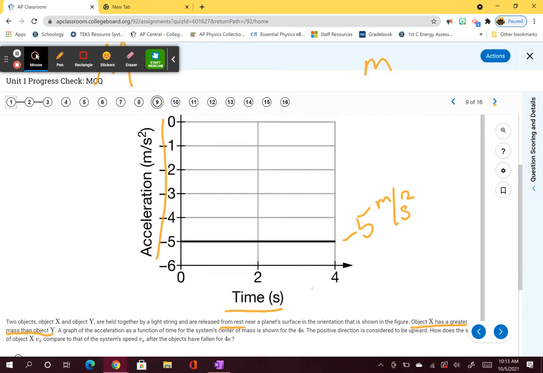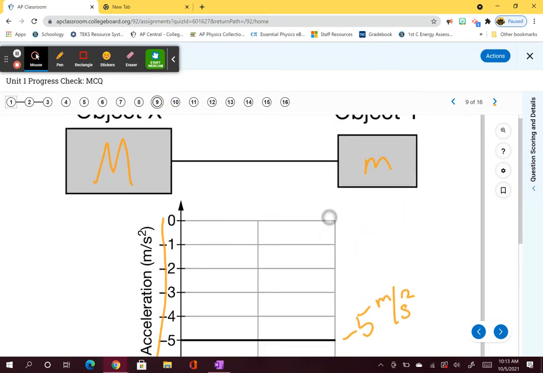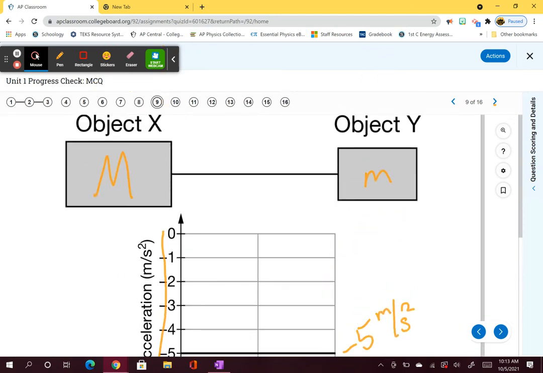Now what it means by center of mass: you're going to treat this as a whole entire unit. To figure out the center of mass, it wouldn't necessarily be the center, because object X has a bigger mass. It wouldn't be in the direct middle; it'd be in the direct middle if they had the same mass.